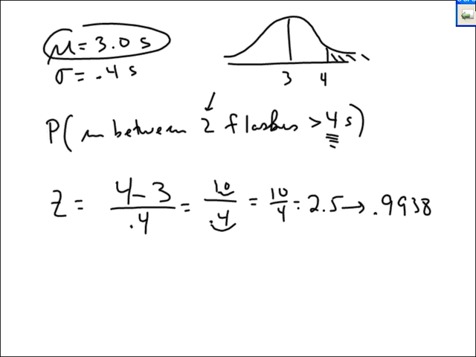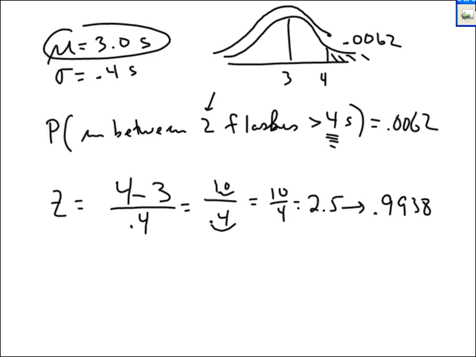Remember, R only goes from the left up to the score. So to the right of the score will be 0.0062. The probability that one period of time between the flashes is more than 4 seconds is equal to 0.0062.